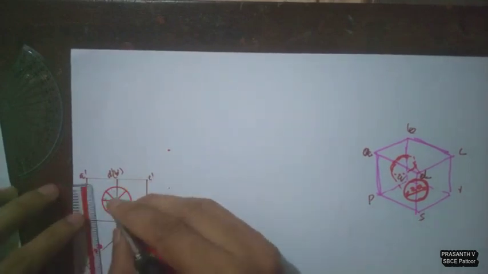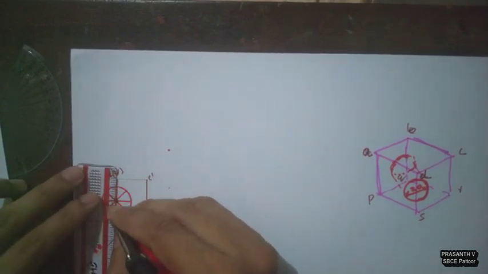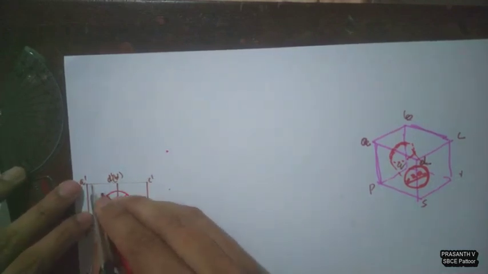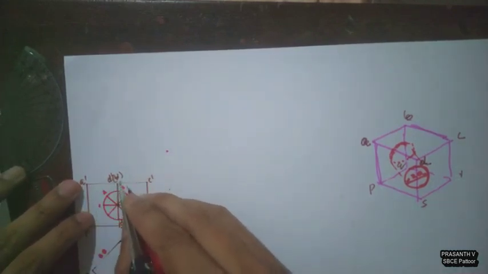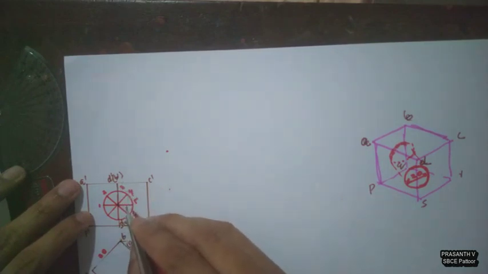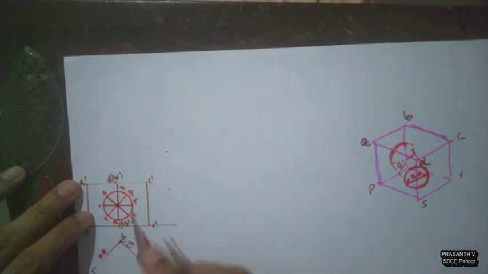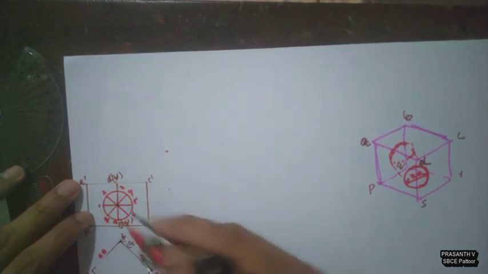Divide the circle into 8 equal parts. Just simply name these points using numbers 1, 2, 3, 4, 5, 6, 7, 8. So when we divide the circle into 8 equal parts, we will have 8 points.